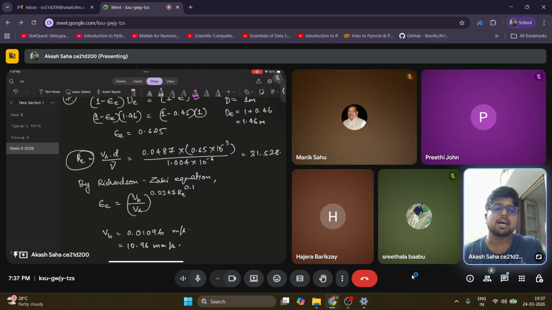I am asking, is there any other way to calculate the Reynolds number based on the data given? This is the generic way, because kinematic viscosity is nothing but the dynamic viscosity by rho, the density. So that is a different way. I am asking, can I find the Reynolds number in some other way?